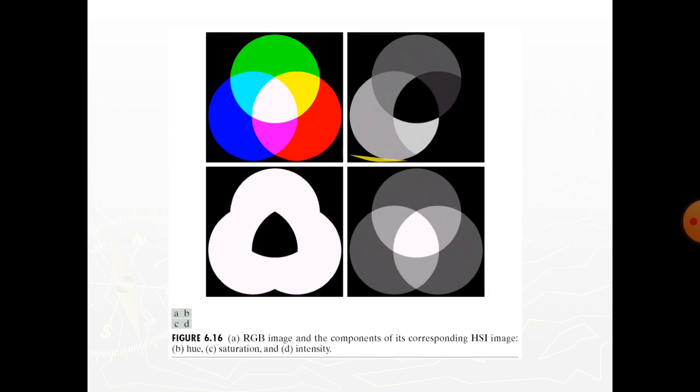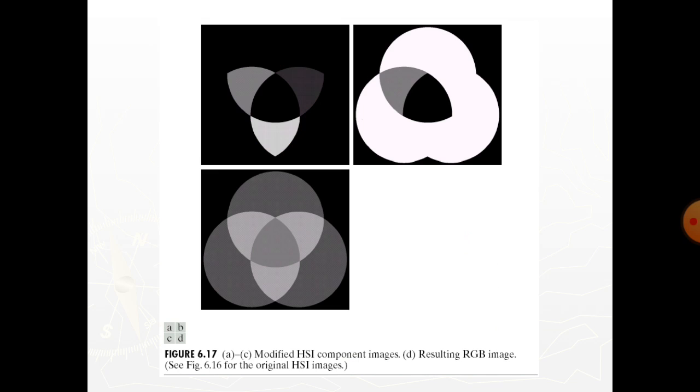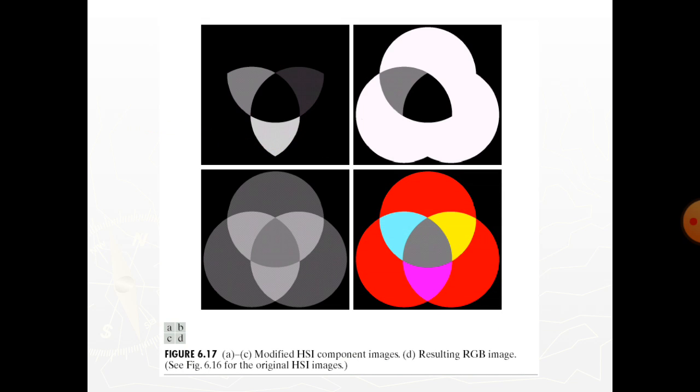The result of converting this modified HSI image back to RGB is shown here in figure D. As expected, we see that the outer portions of all circles are now red, the purity of the cyan region was diminished, and the central region becomes gray rather than white.